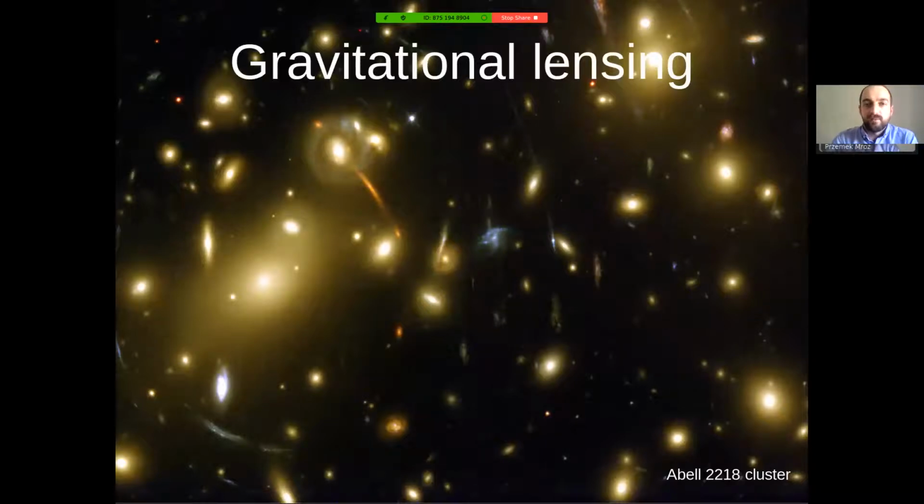I think that some of you may be familiar with this image, which shows a gravitational lensing by a cluster of galaxies. So gravitational lensing is a direct consequence of Einstein's theory of general relativity. Basically, general relativity tells us that massive objects, such as clusters of galaxies, can warp the fabric of spacetime around them.